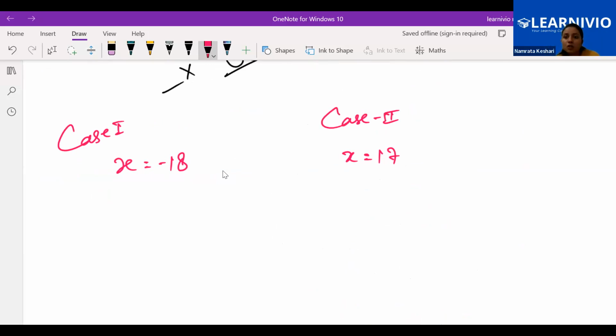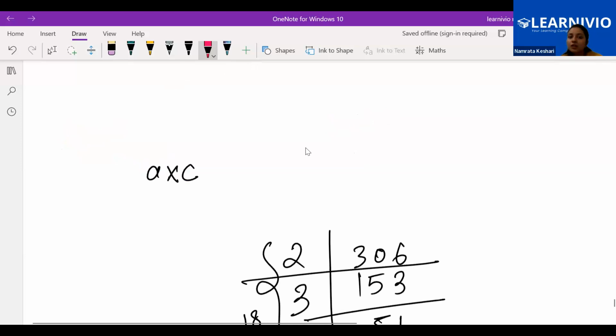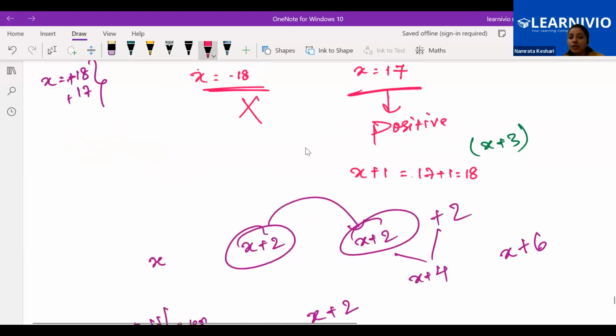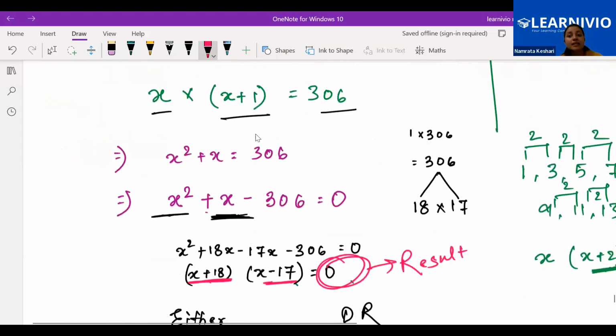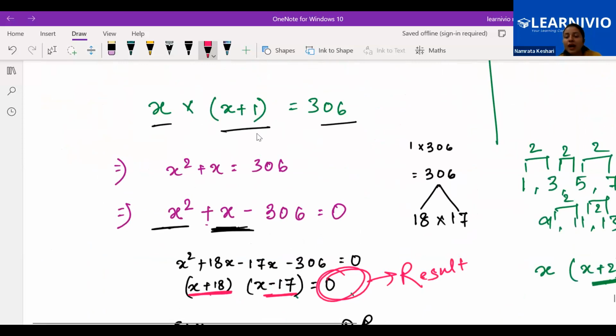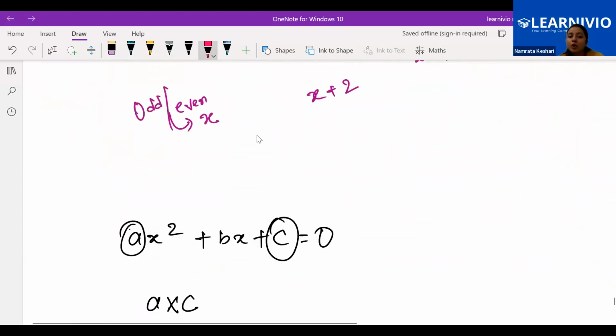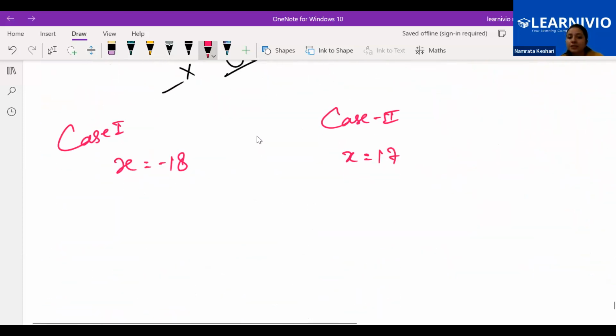If you are thinking that just after solving the equation we got two integers, no. Recall that we started with the assumption that one of the integers is x and another is x plus 1. So whatever you have got as x, you can't say these are two consecutive integers. No, these are two possible values of x.